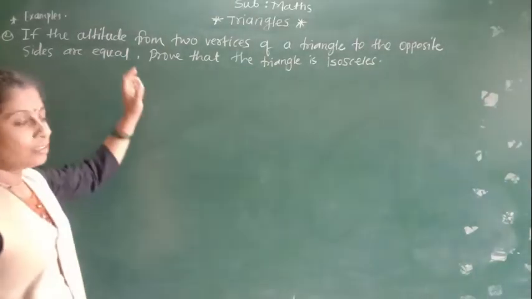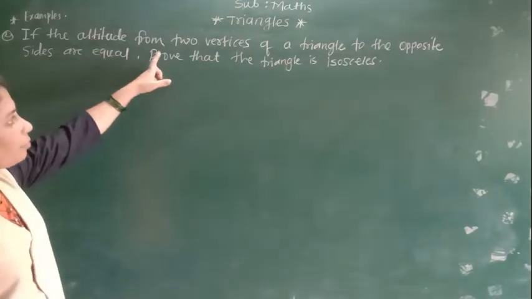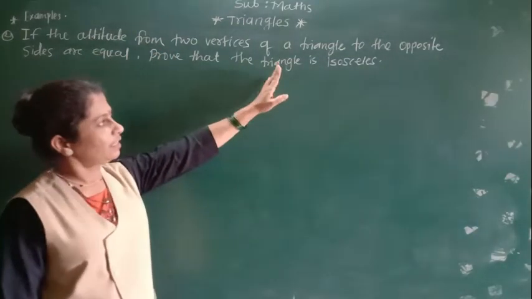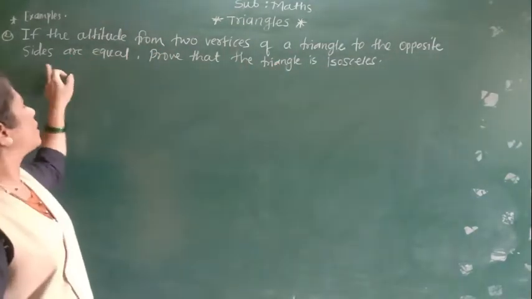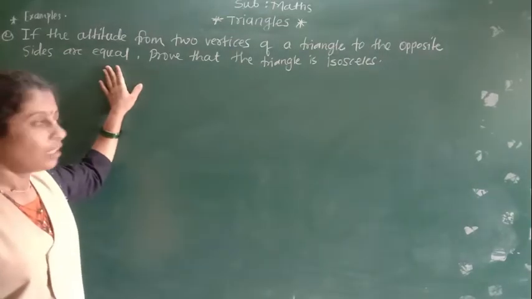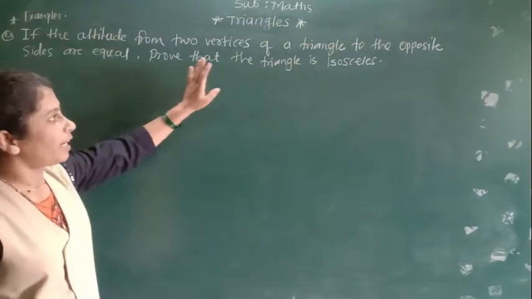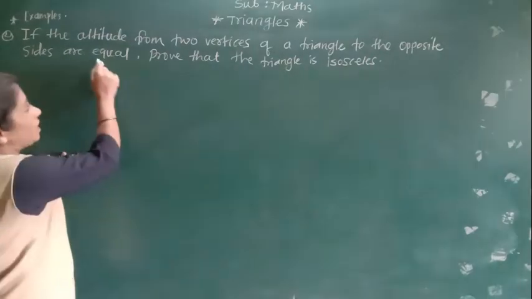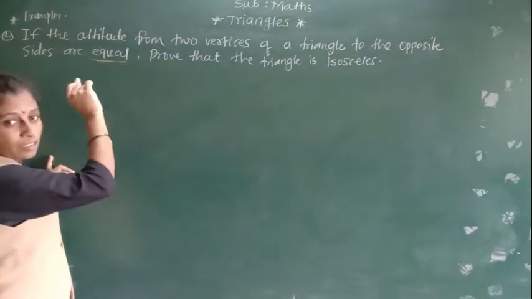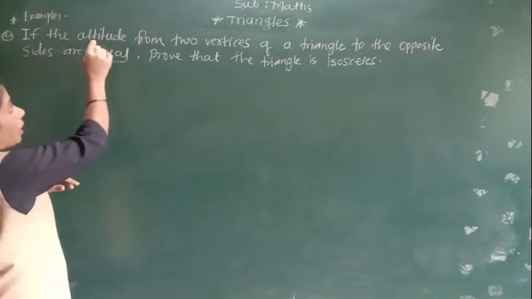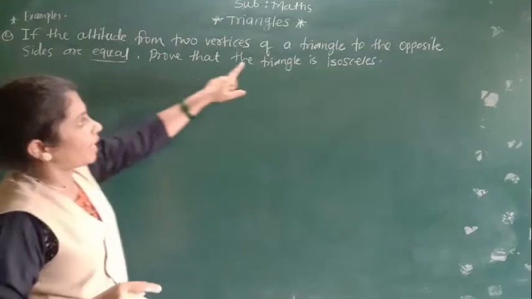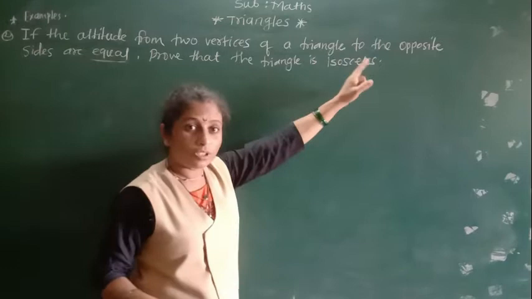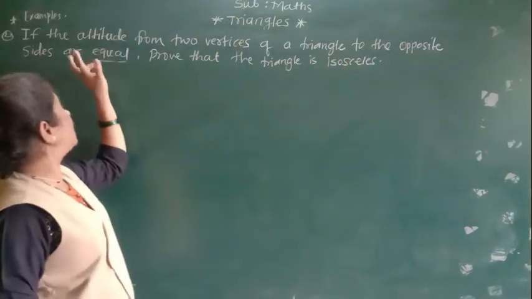Next example: if the altitudes from two vertices of a triangle to the opposite sides are equal, then we have to prove that the triangle is isosceles. What is given here? The altitudes drawn from the vertices of a triangle to the opposite sides are equal.